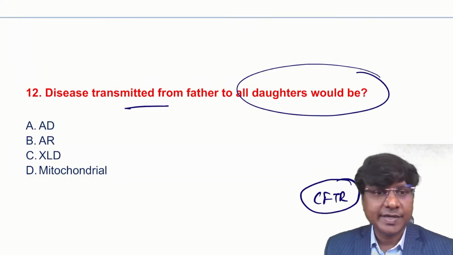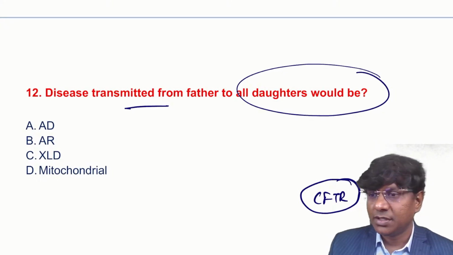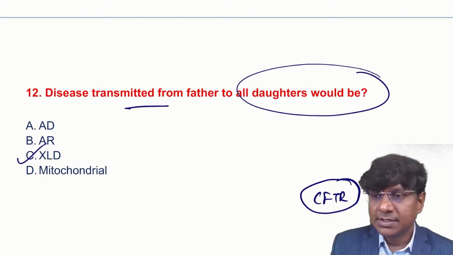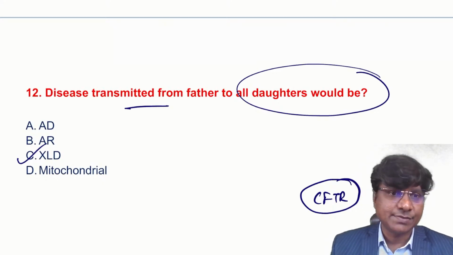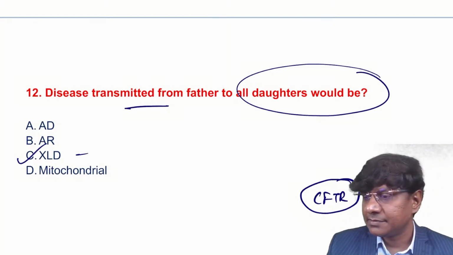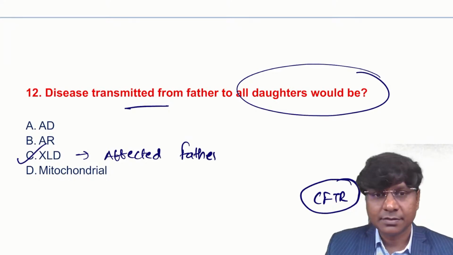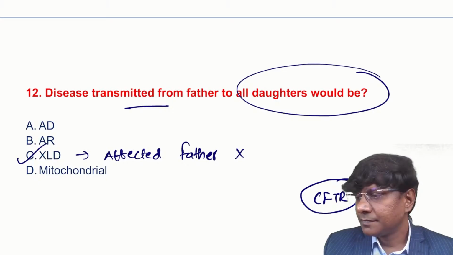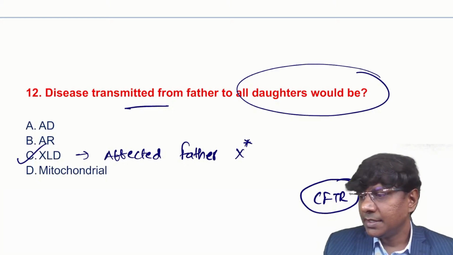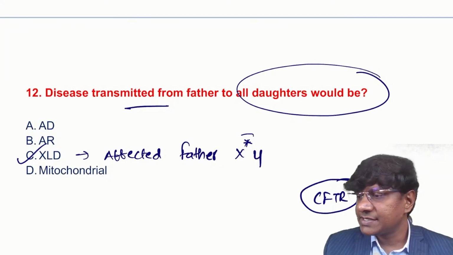Right. So it is your X-linked diseases. Very good, Anvesha Panda. That is X-linked diseases. In X-linked diseases, the affected father will have a mutated X as well as Y. So this X will be transmitted to the daughters.